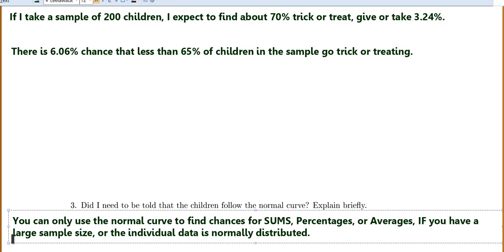And we're actually going to use this fact the entire semester, so we use it in chapter 20 when we're looking for chances. We kind of use it in another form without utilizing it when we do confidence intervals, and we'll also do the same thing when we do hypothesis tests. So once again, you can only use the normal curve for your sums, percentages, or averages, depending on what you're working with, if you have a large sample size or the individual data is normally distributed.